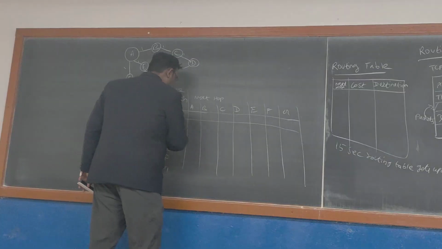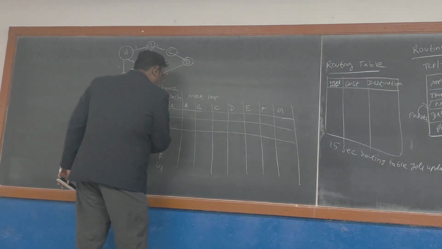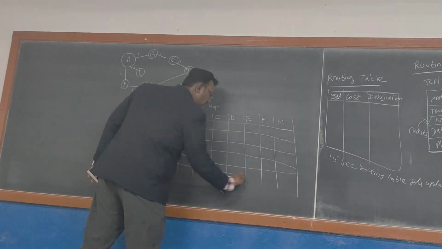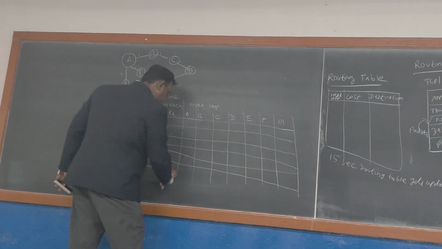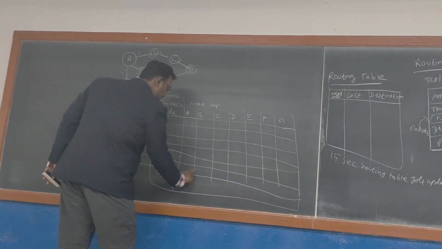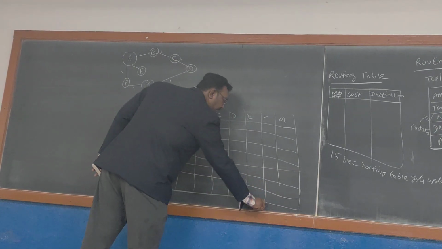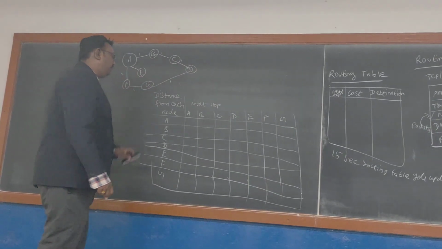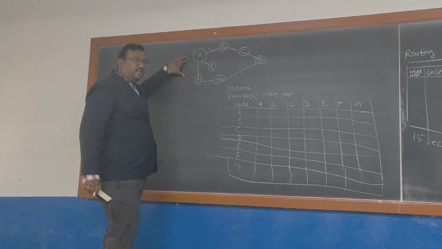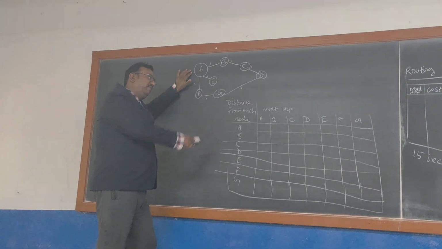This is the first initial routing table you are going to calculate, so you are going to fill it first using this network graph.